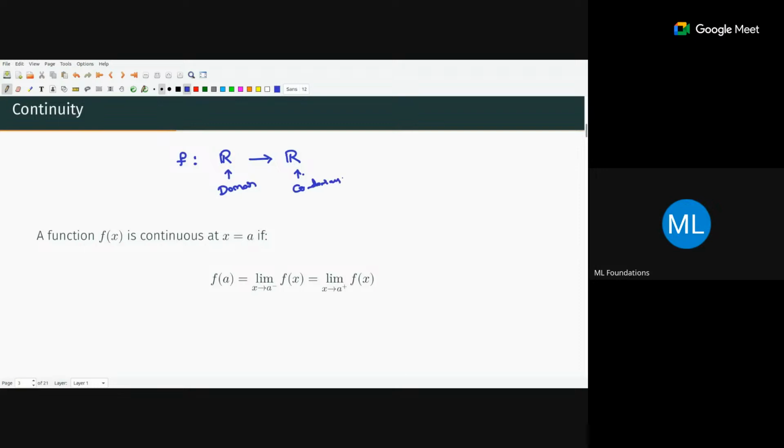For every element in the domain, it will map to only one codomain element. That kind of mapping is called a function. That is the base definition of a function.